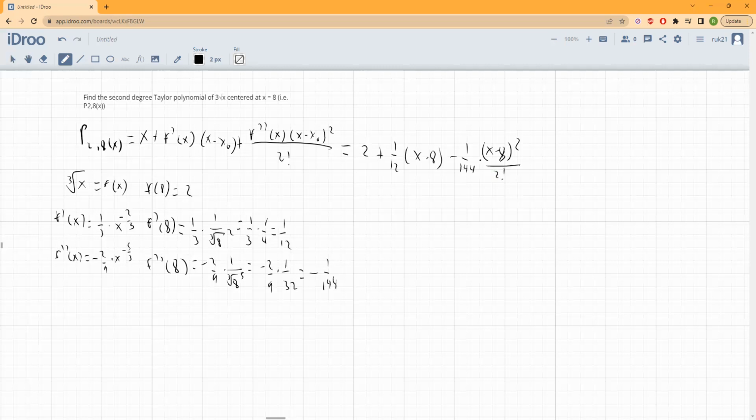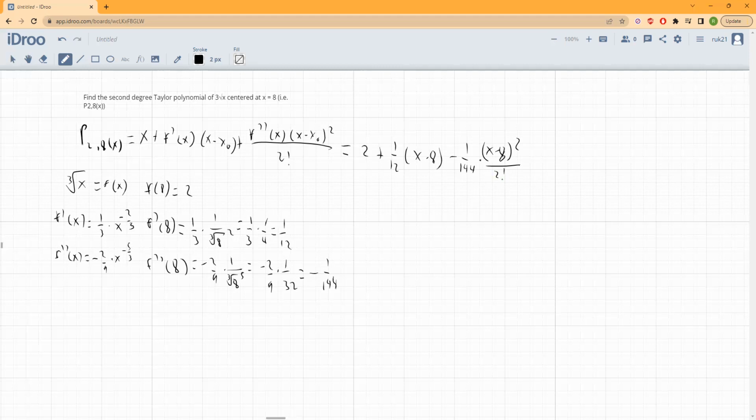And there you go. If you want, we can simplify this a bit more and make this 288. But that would be our Taylor polynomial for the cube root function centered around 8, and it's of second degree. That's what this 2 stands for.